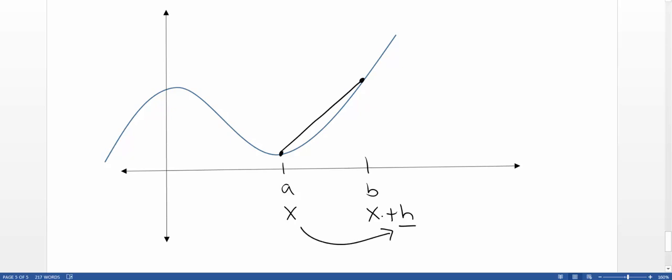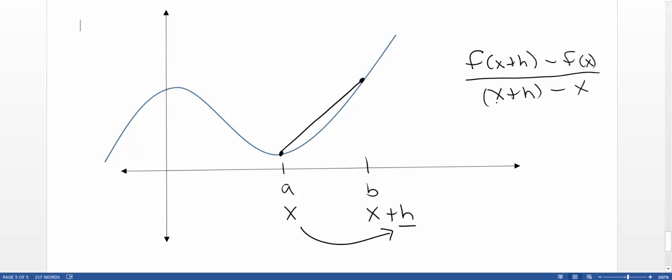Now, if we were to set up the average rate of change using x and x plus h, we would have f of x plus h minus f of x all divided by x plus h minus x, right? So f of b minus f of a over b minus a. Notice what happens on the bottom.